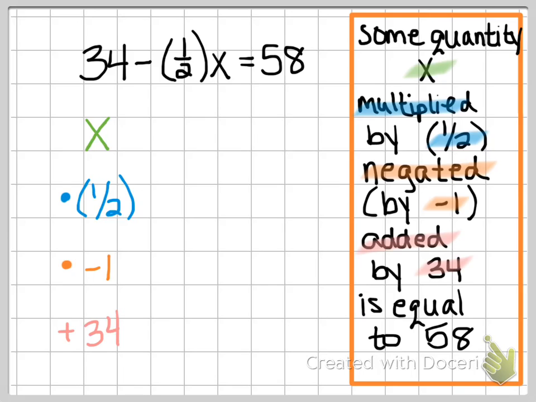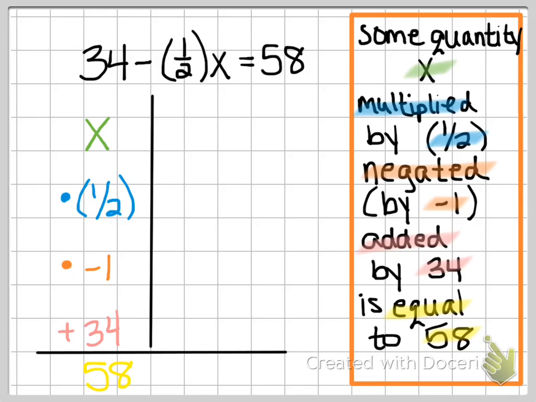And then we add 34 positives, and it becomes equal to 58.